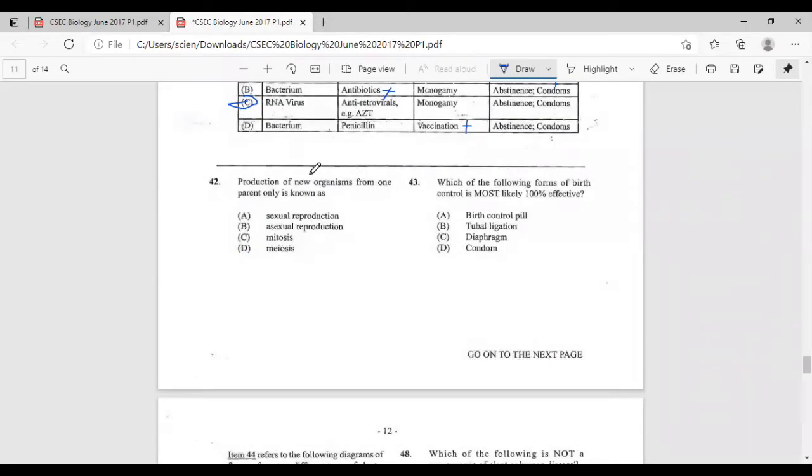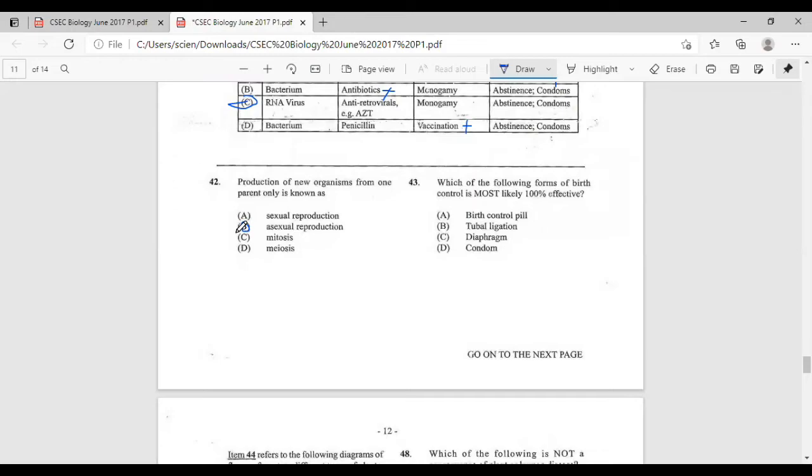42. Production of new organisms from one parent only is known as, so we have A, sexual reproduction, B, asexual reproduction, C, mitosis, D, meiosis. So the best possible answer is definitely asexual reproduction, which is B. 43.